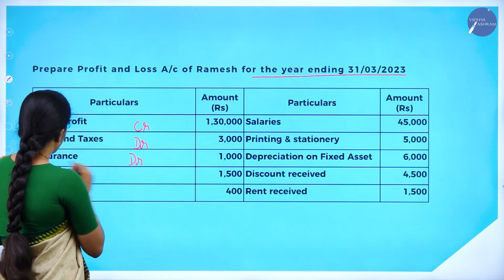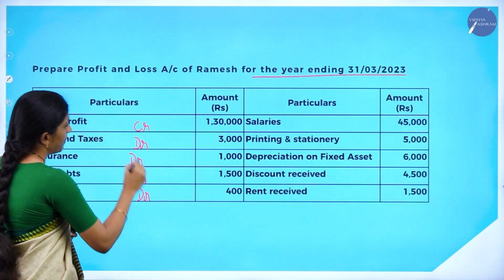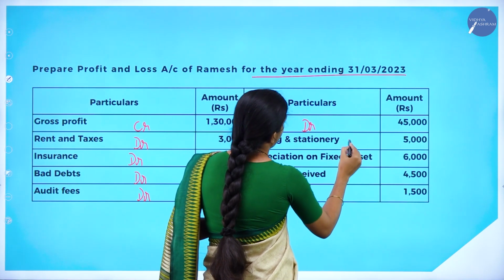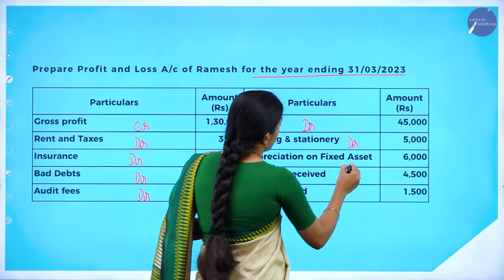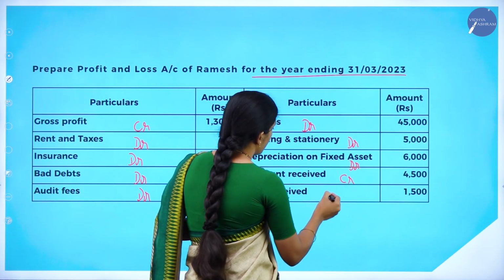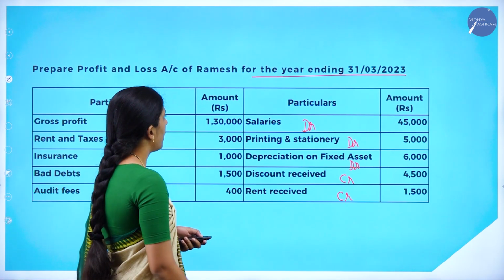Insurance, debit side. Bad debts, debit side. Audit fees in the debit side. Next, salaries in the debit side. Printing and stationery expense, debit side. Depreciation, debit side. Discount received, credit side. Rent received, credit side.